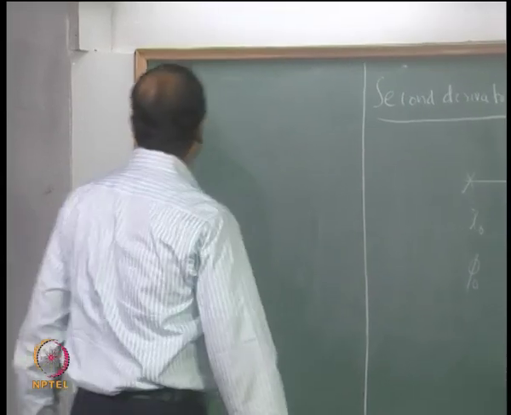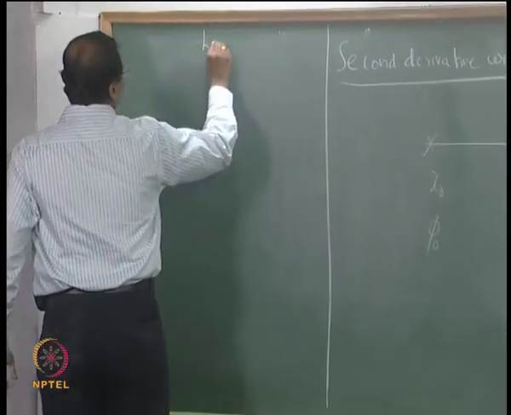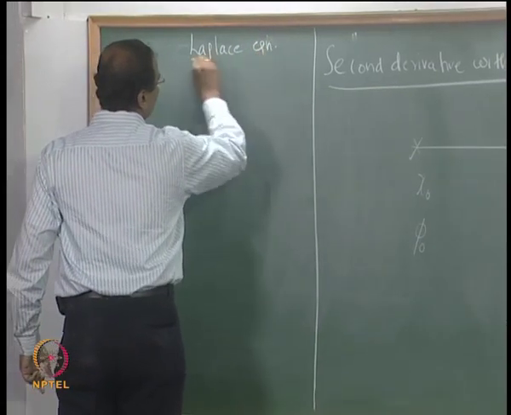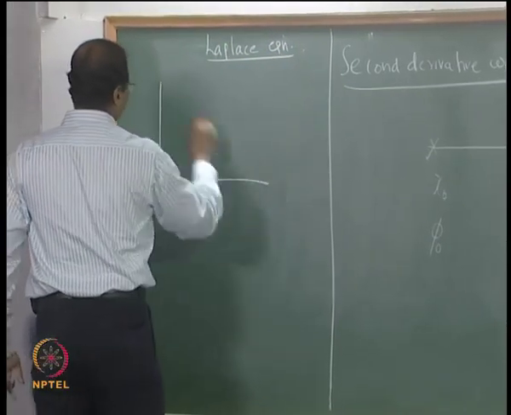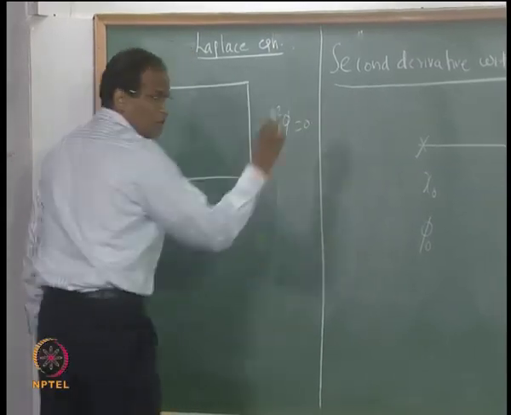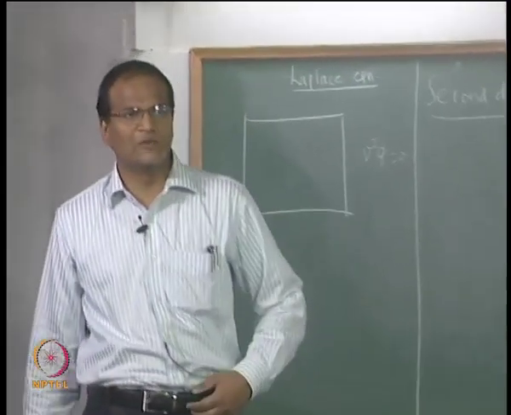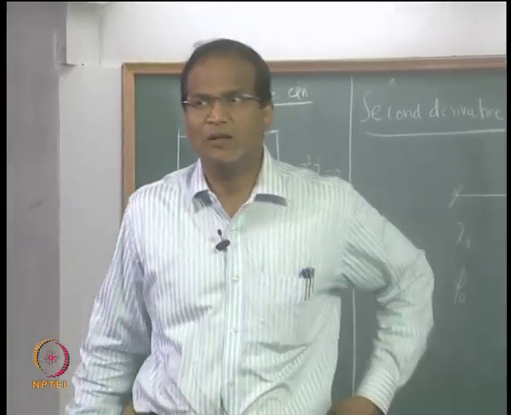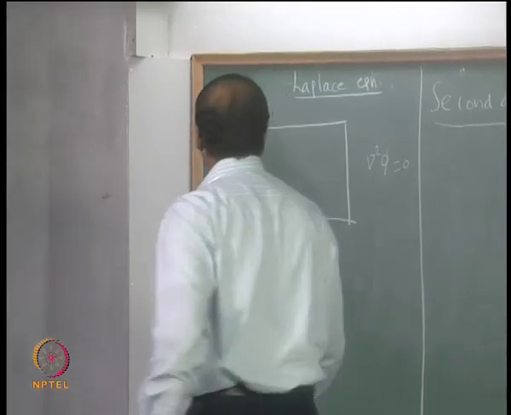Let us consider the Laplace equation. The Laplace equation is del squared phi, where del squared is called the Laplacian operator. That is, d squared t by dx squared plus d squared t by dy squared equal to 0.